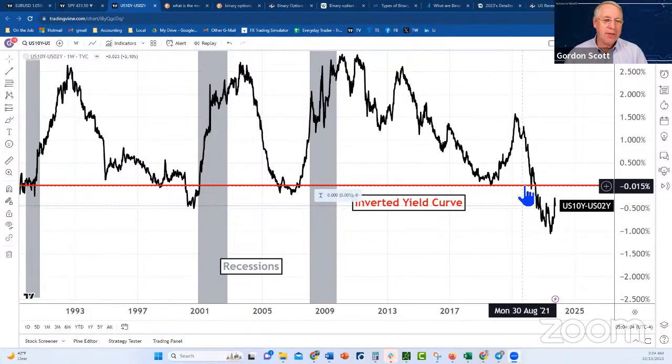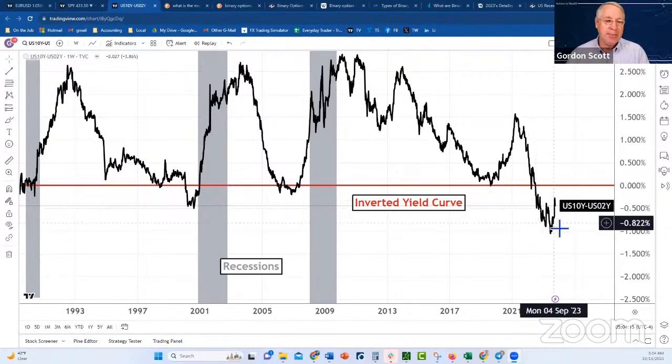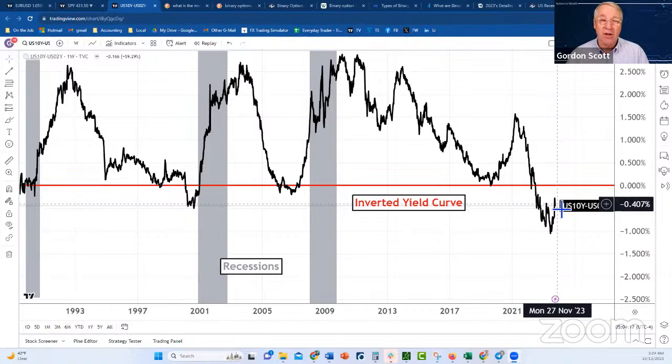But this inverted yield curve that we have seen beginning in the summer of last year, so we've been inverted for more than a year now, is the deepest and longest, I think, on record, going back for probably 100 years.